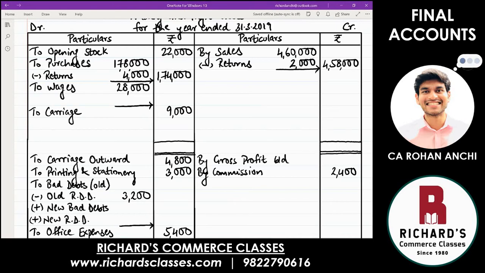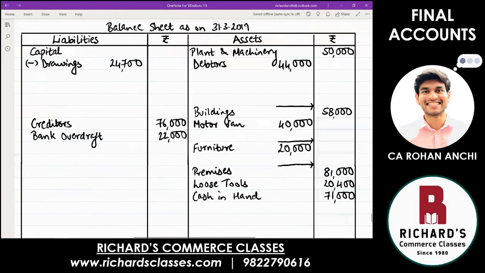Below commission, write down by dividend, 3,300. Then after that you have capital. The first item on the liability side, we have already written that word capital. So back to the balance sheet. Inner column next to capital, write down 1,40,000.